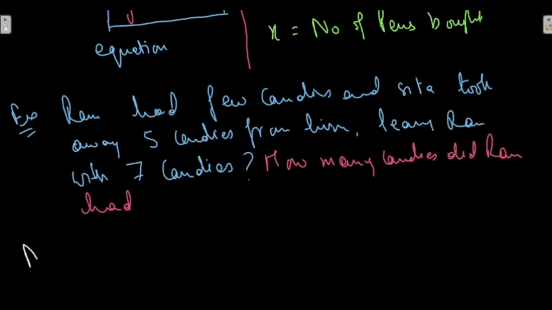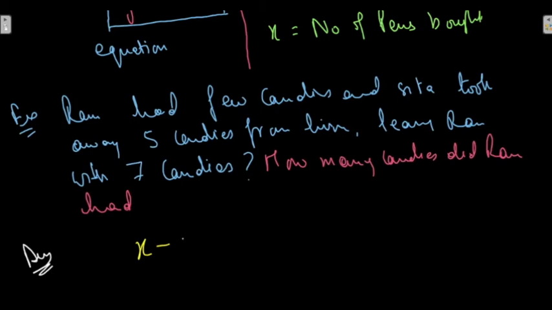So we reduce this entire 4-line question into just one small equation. And how do we do it? Ram had few candies, so few is something which we have to find, right? We don't know, it's unknown. We say that okay, this is say x. And then Sita took away. Took away means something is getting reduced from what Ram had.